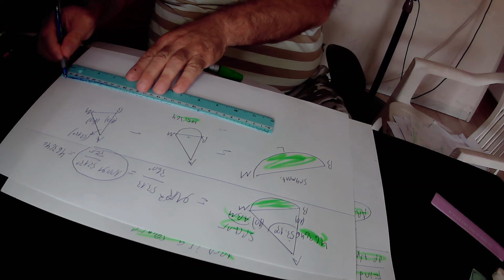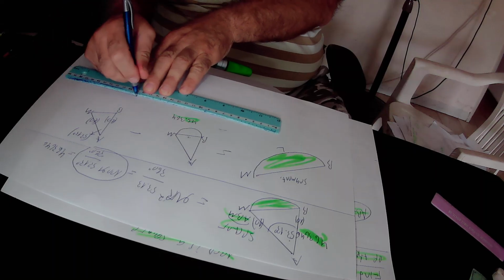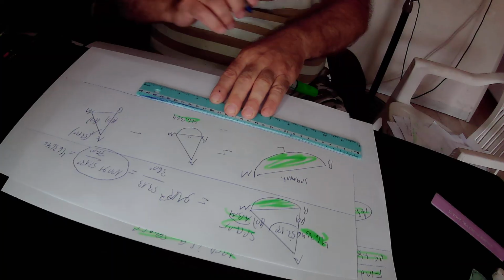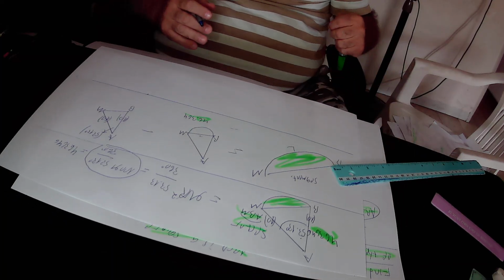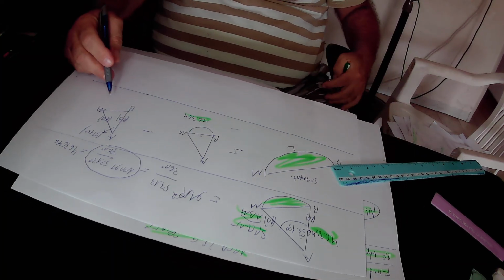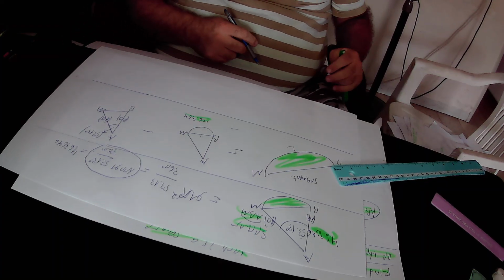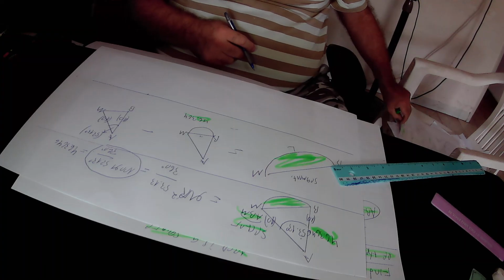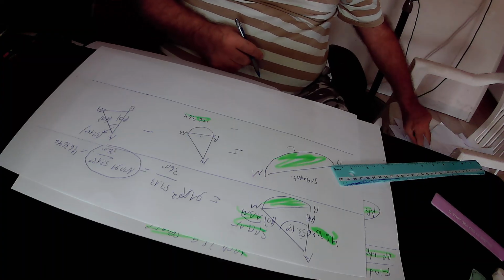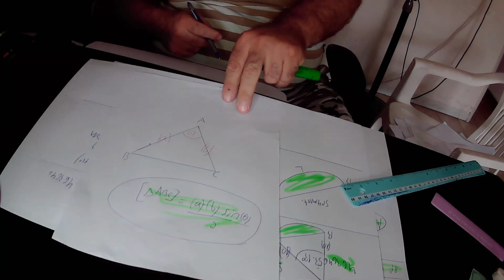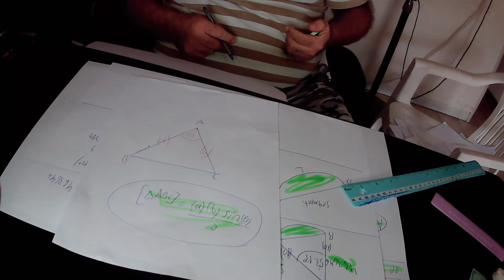So we have to find out the area of this triangle ABM. In order to do that, I'll present to you a new formula that will help us find the area of any triangle. This is triangle ABC that could be any triangle.